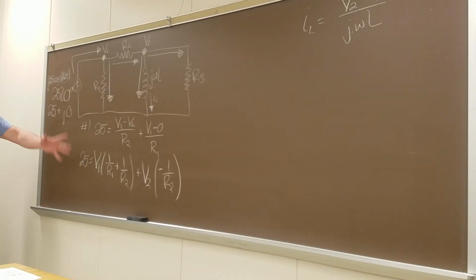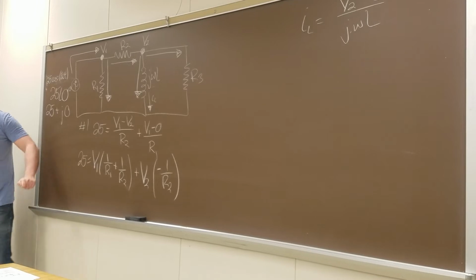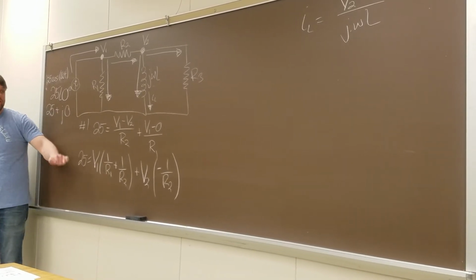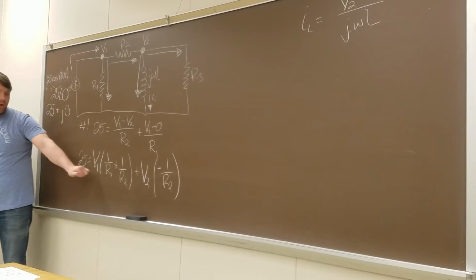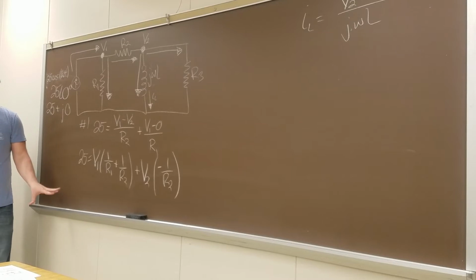Okay? And what we're going to see is a really repetitive trend where the things we're multiplying V1 by, in this situation we're concerned about node number 1, the things we're multiplying by node 1 are the admittance paths that touch node 1.